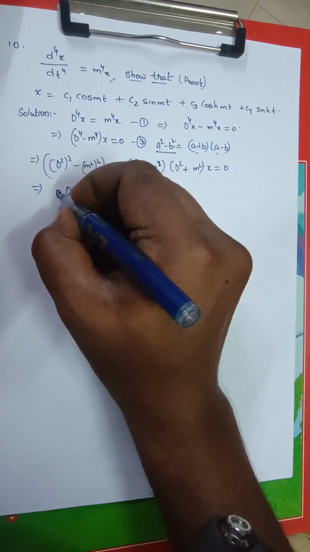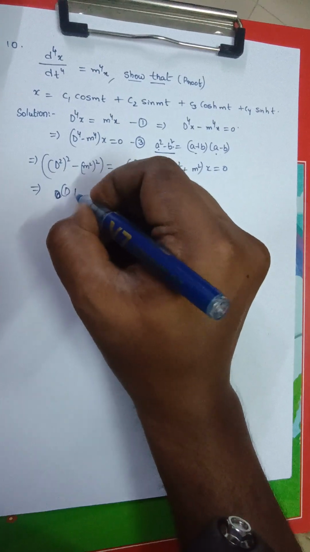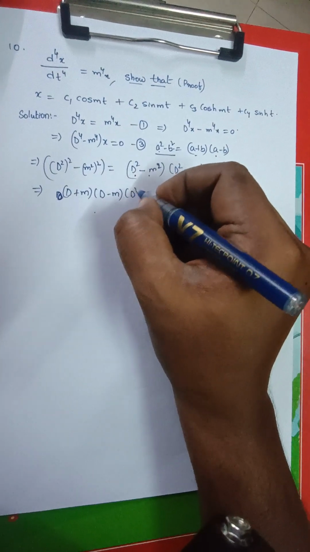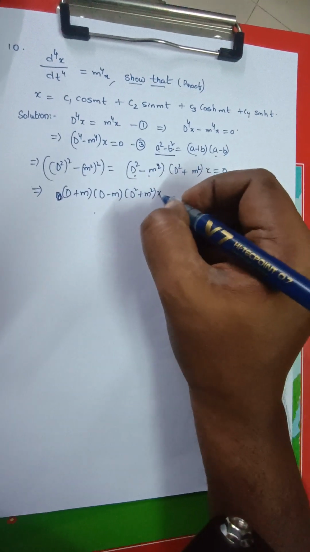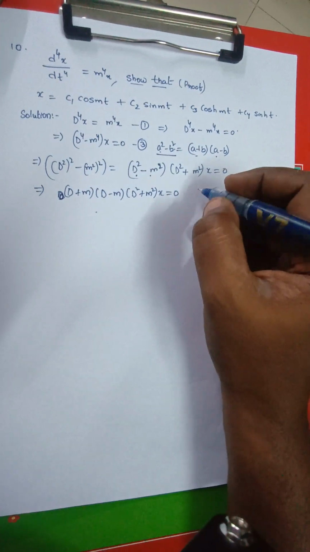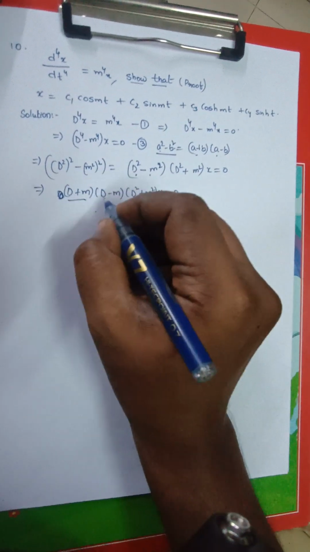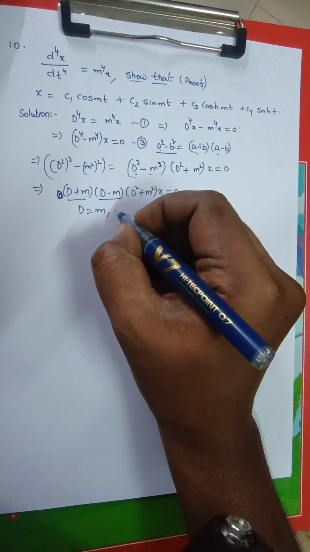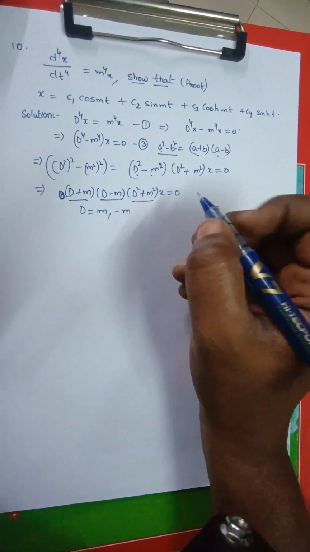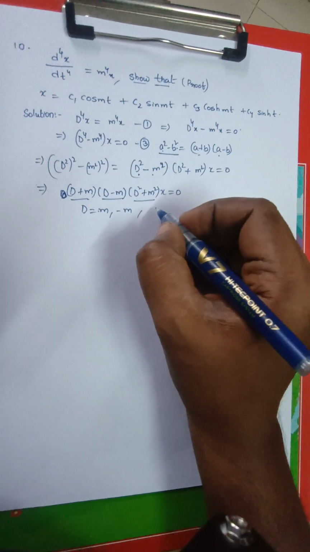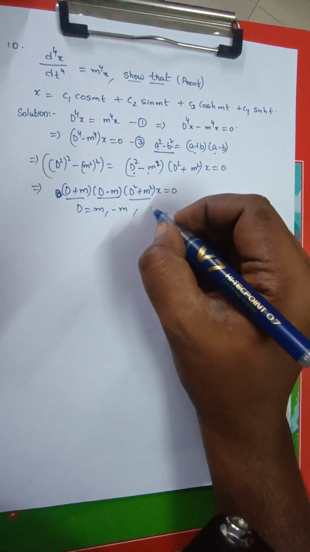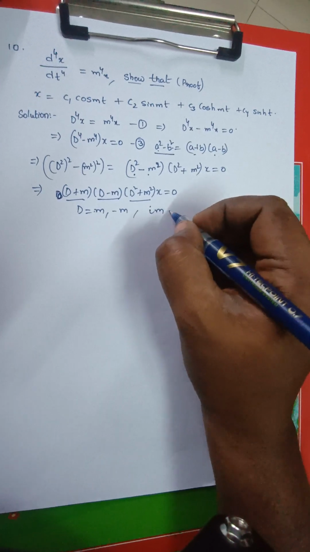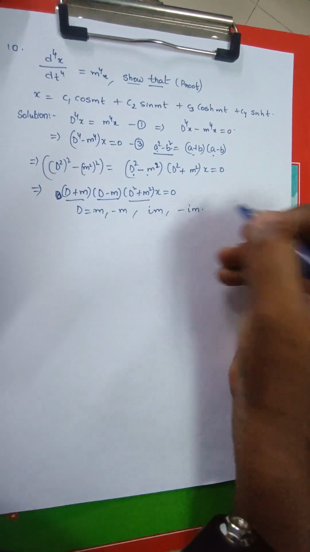We can write (D + m)(D − m)(D² + m²)x = 0. Now if we equate these factors to 0, we get the roots m, −m. And from the last factor we get imaginary roots, im, −im.